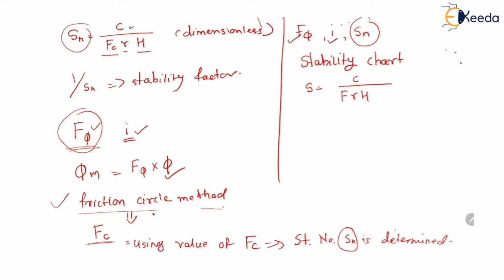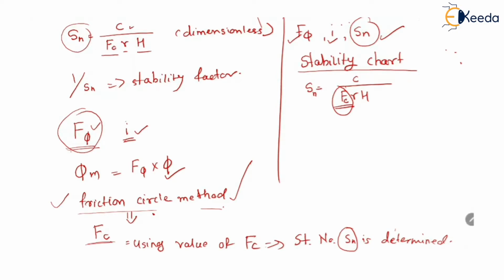So once we obtain the value of Sn from the chart, we can obtain the factor of safety with respect to cohesion. Because of this stability chart, we don't have to perform the friction circle method, which is a time-taking process. We can directly obtain the factor of safety with respect to cohesion.